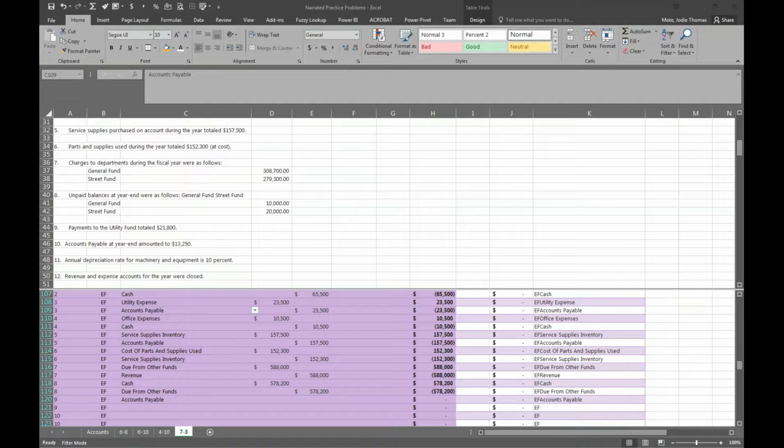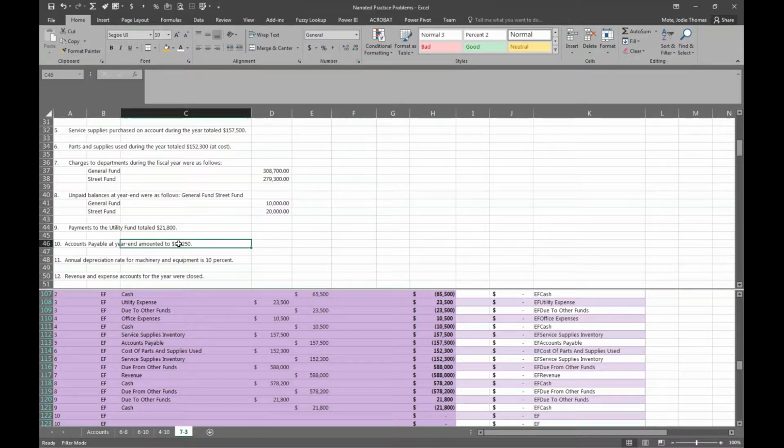We did, and we should have recorded due to other funds, because we're paying another governmental fund here. So due to other funds, the amount is $21,800. That's our debit, and our credit is of course the cash, because we're paying off the bills, or at least most of them.